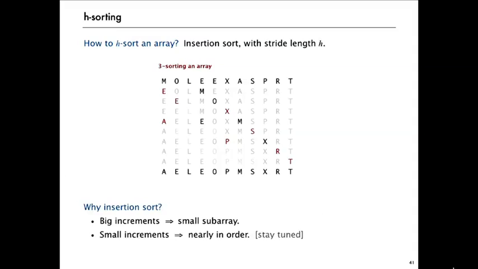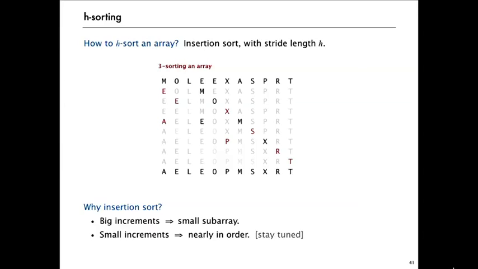And we're going to use insertion sort for 2 reasons, based on our understanding of how insertion sort works. The first thing is, if the increments are big, then the size of the subarrays that we're sorting are pretty small, so any sorting method, including insertion sort, is going to work well.